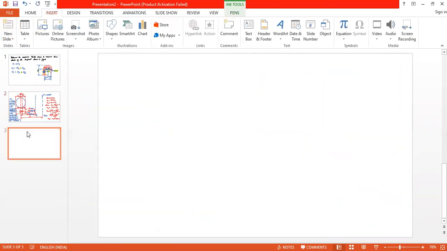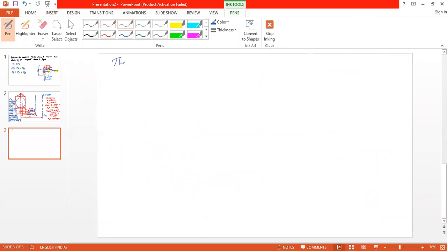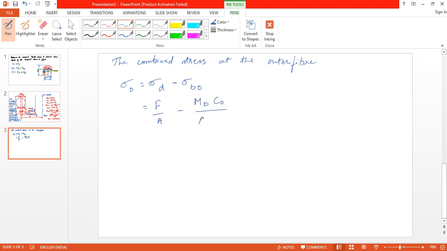Okay, now we have all the values to calculate the stress. So the combined stress at the outer fiber, that is sigma naught, that is equal to sigma D minus sigma B naught, that is equal to F by A minus MD C naught by A E R naught.